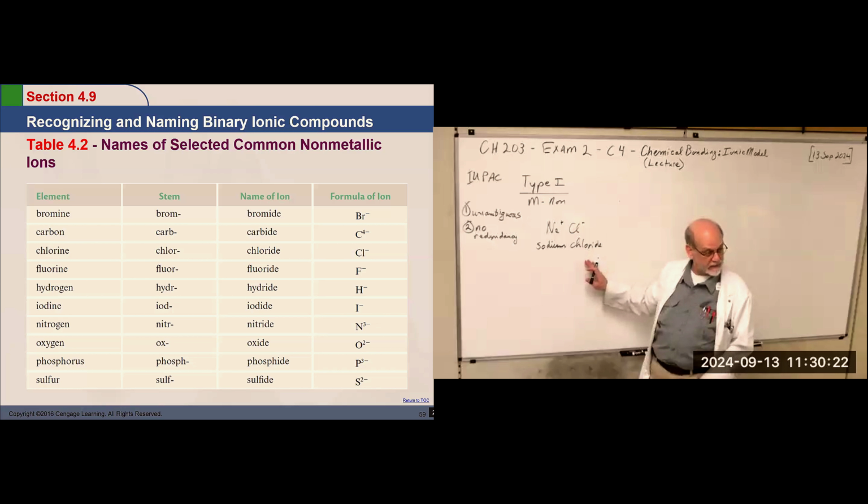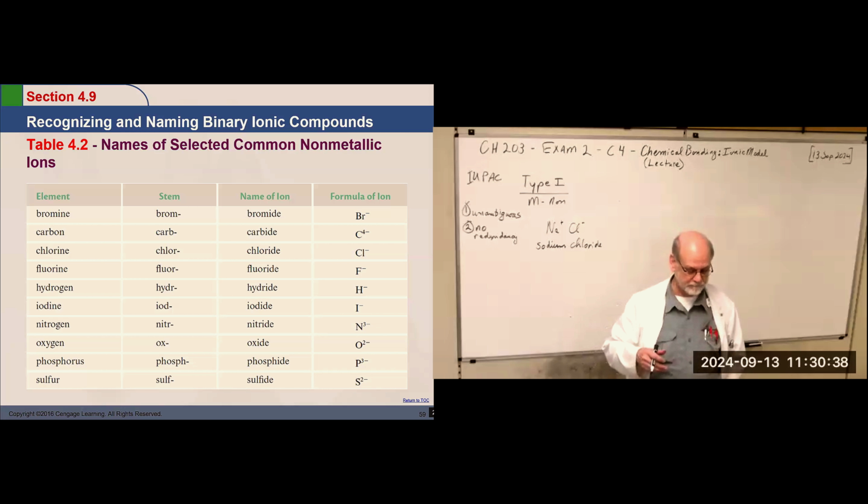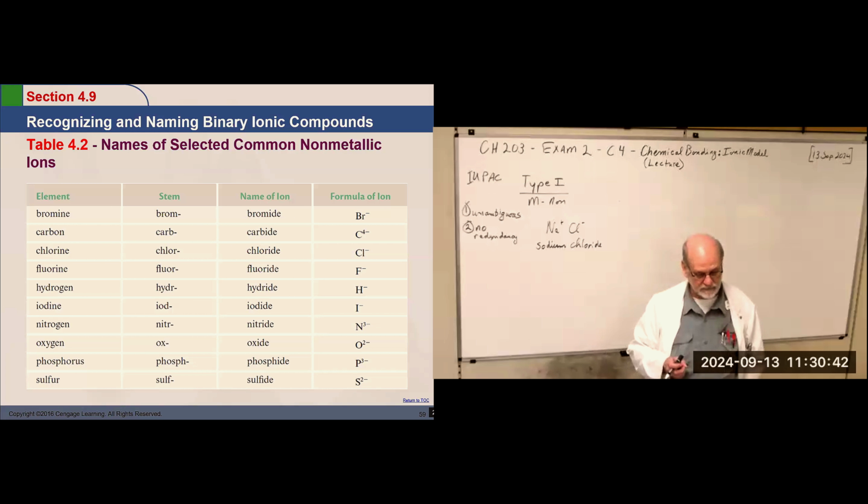Fluorine is fluoride. If hydrogen is in this position, it's hydride. Iodide, nitride, oxide, phosphide, sulfide, those examples.